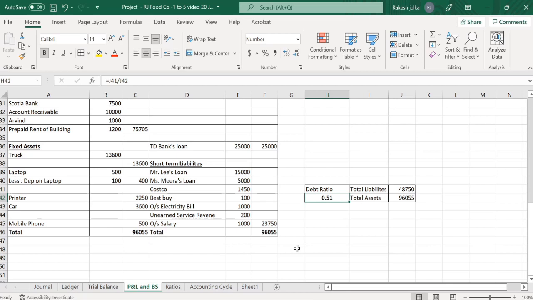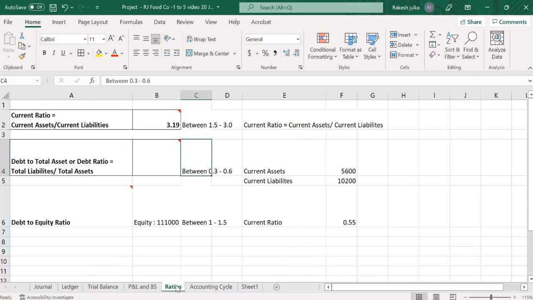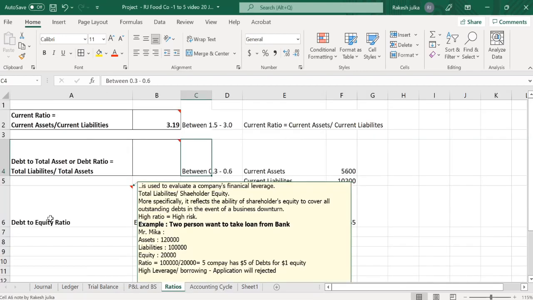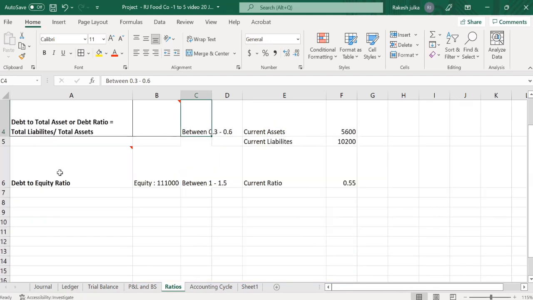Now, if we talk about the third ratio, it is the debt to equity ratio.